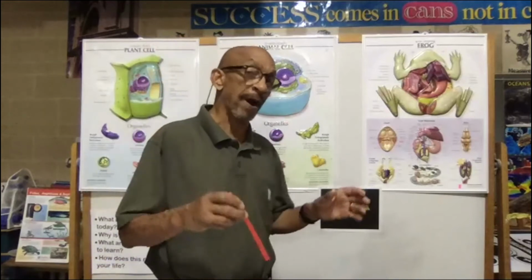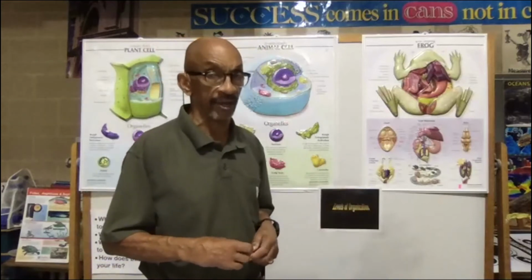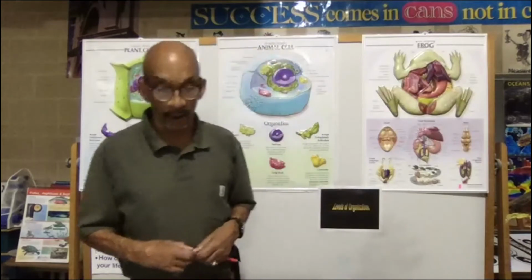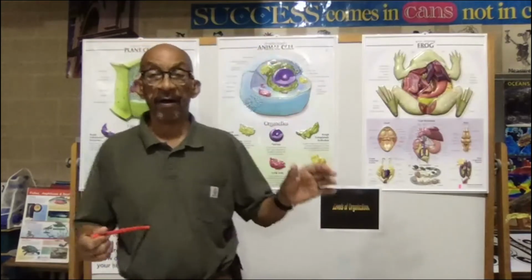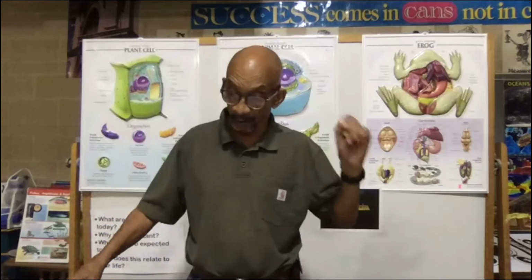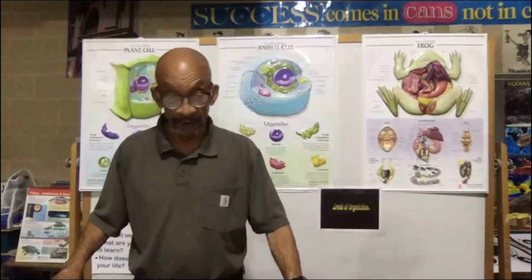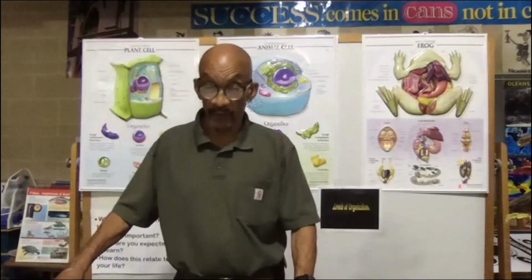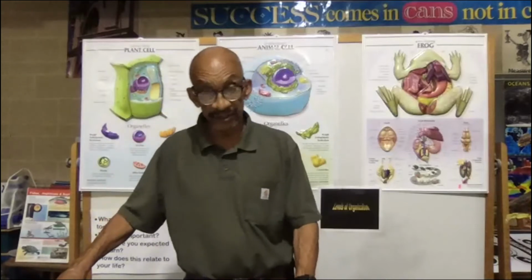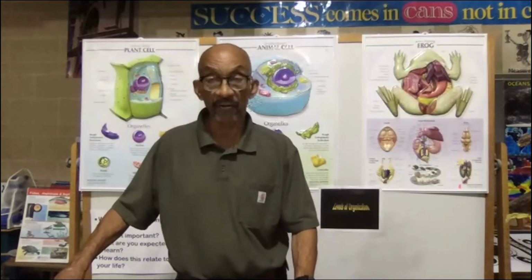Now, those organs, guess what? They are part of a higher level of organization that we call organ systems. For example, the circulatory, the reproductive, the digestive, the nervous, and the respiratory.